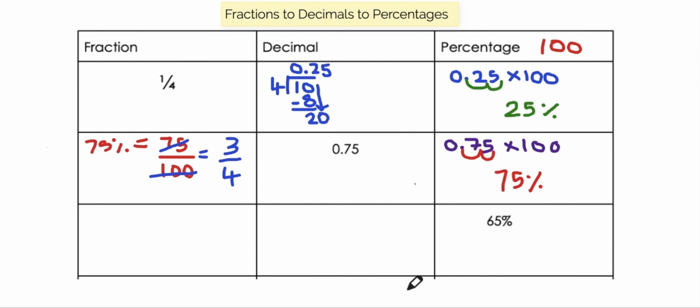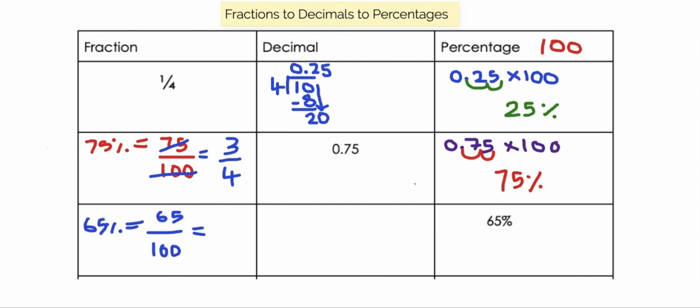We're gonna go on to the last one. We already know what 65% is, and I've already told you in the previous example that 65% means 65 over 100. And we just look for a number that goes into 65 and goes into 100.